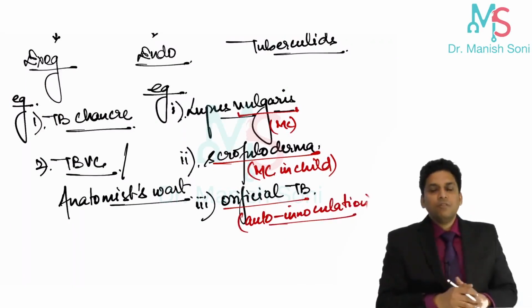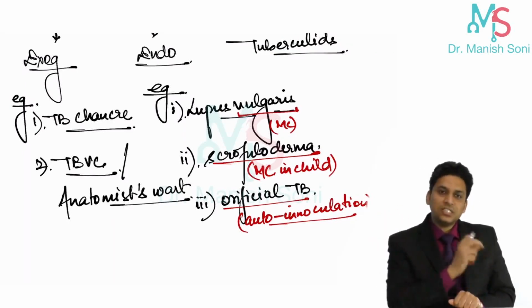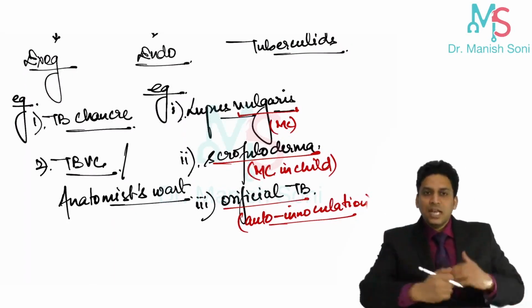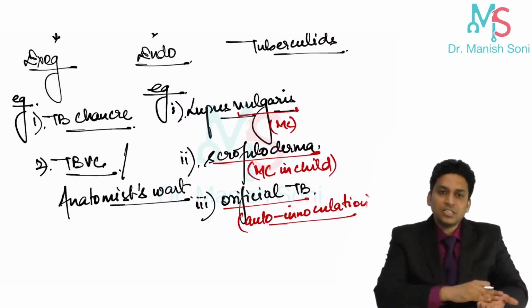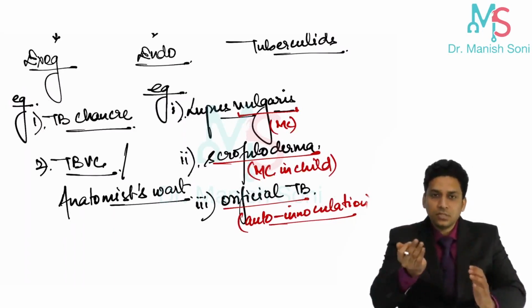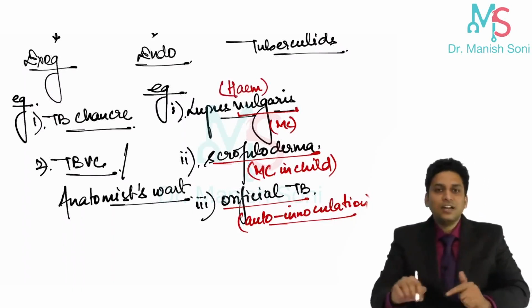In some books, lupus vulgaris is mentioned in both lists, exogenous as well as endogenous. For example, if there is infective sputum of the patient lying over the floor and a child sits over that sputum and develops a lesion of lupus vulgaris, that is from an exogenous source. But most of these cases have hematogenous spread, so I have included it in the endogenous list.